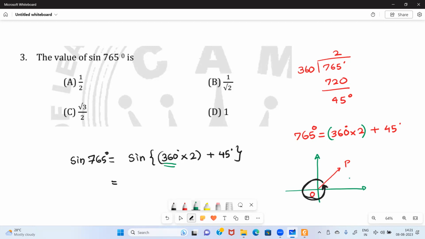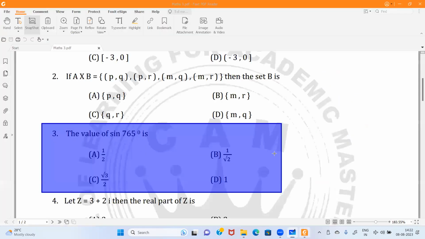So in the next step, I can write it without considering this. So that will be sine 45. And what is sine 45 from our table, students? 1 by root 2. Therefore, the right answer for this question is 1 by root 2. Hope it's clear. We move on to the next question.